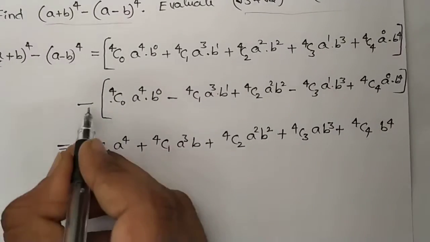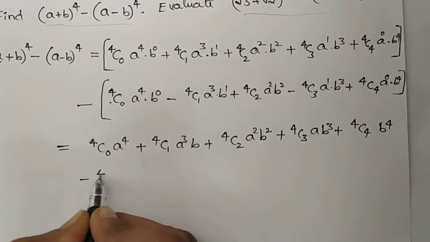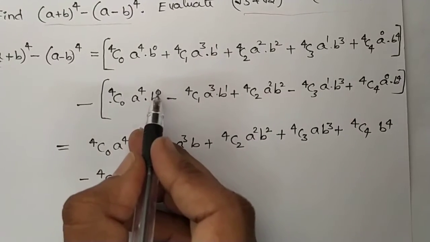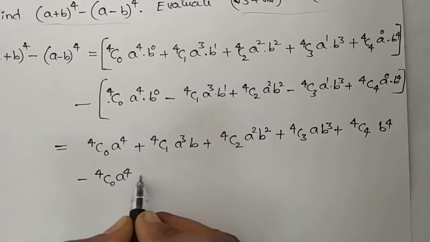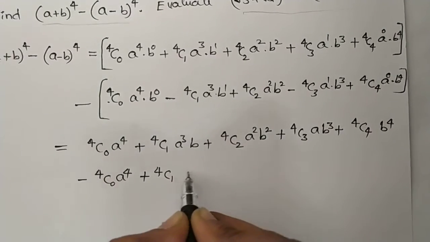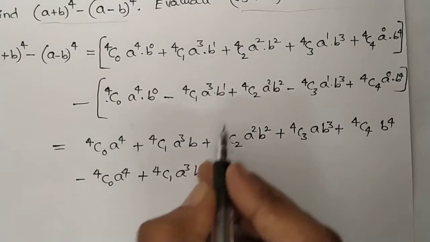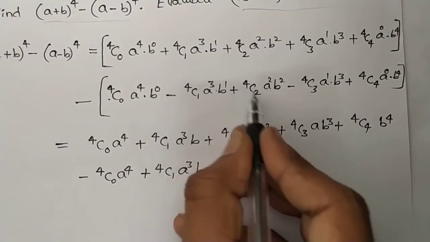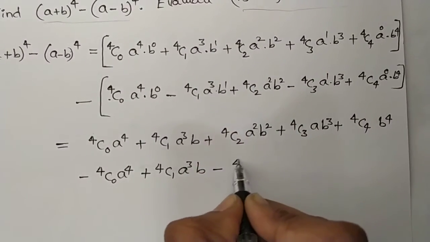Minus into plus is minus, 4c0 a power 4 b power 0 is 1 only. Minus into minus is plus, 4c1 a cube into b. Next, plus will become minus, 4c2 a square b square.